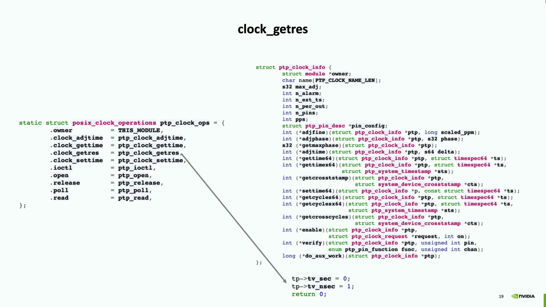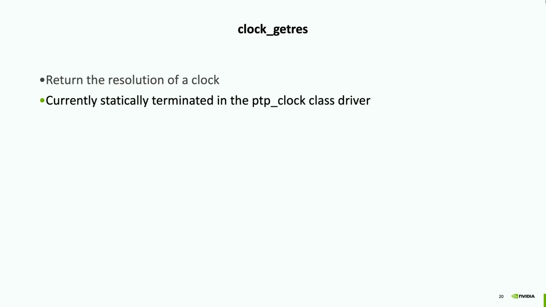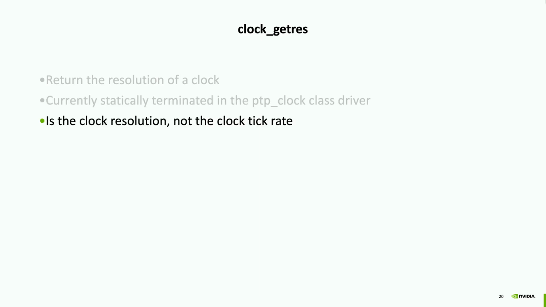The next one is the clock get res function. This is not really calling into anything inside the clock info. It's terminated in the class driver, and it basically returns the resolution of the clock. The important part is that this is the resolution, not the tick rate.